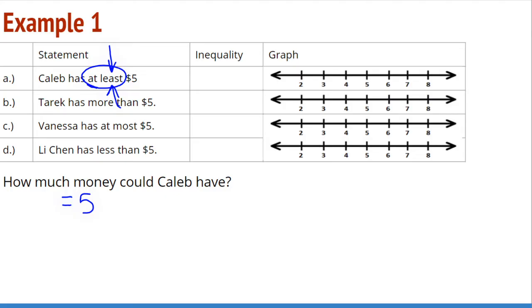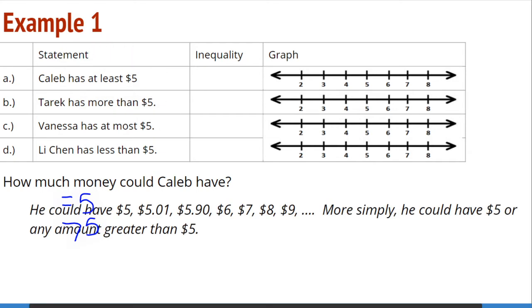What about more than 5? Could he have $6, $10, $12, $1,000, $1 billion? It says the least amount he has is $5, but it could be more than 5. So he could have $5, $5 and a penny, $5.90, $6, $7, $8, $9.